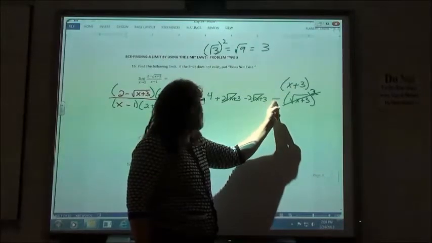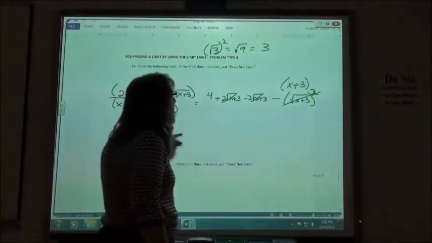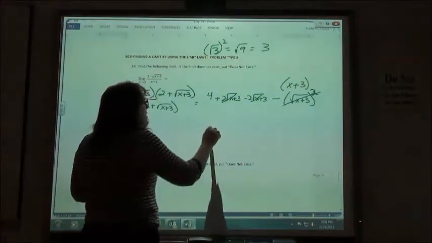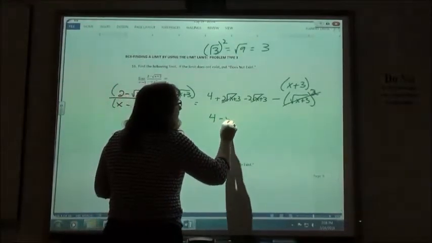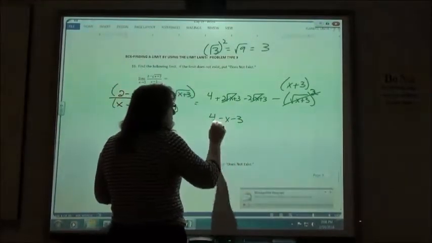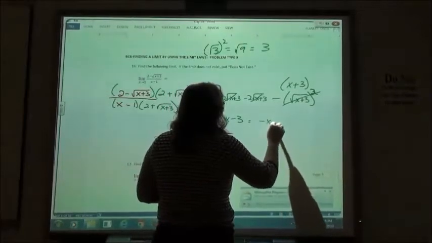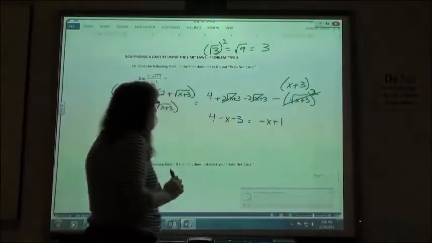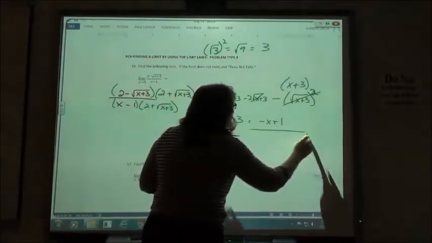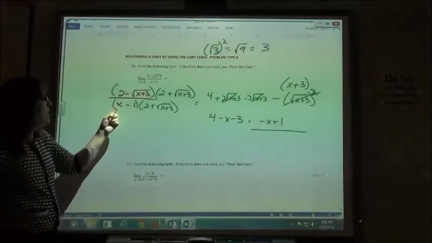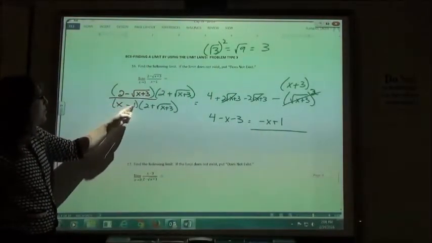I do need the parentheses because there's a minus sign in front of that, and I have to use my distributive property. So I'm going to get 4 minus x minus 3, which gives me negative x plus 1 on top. Now I notice here I have x minus 1.